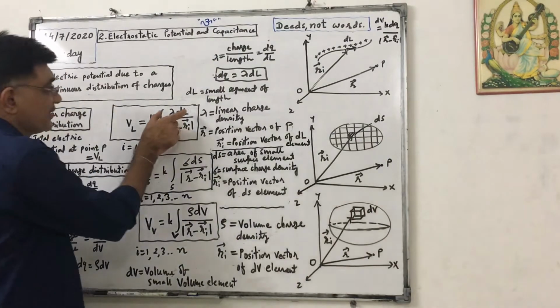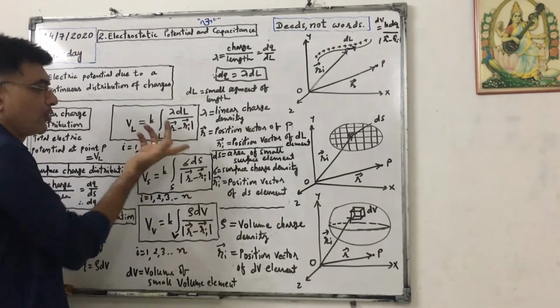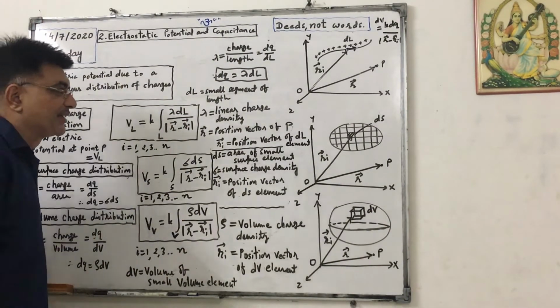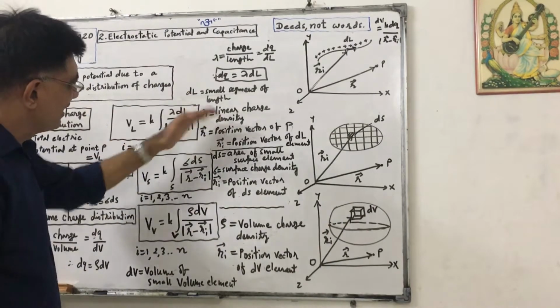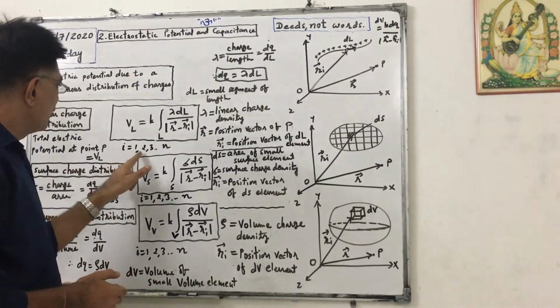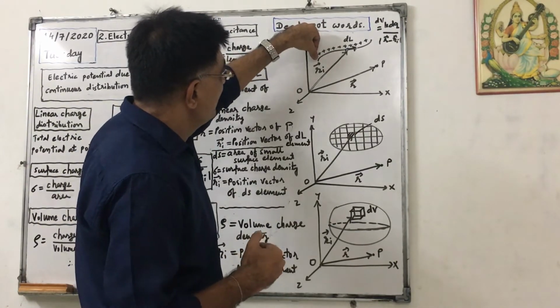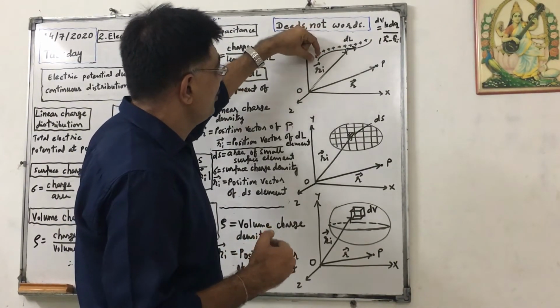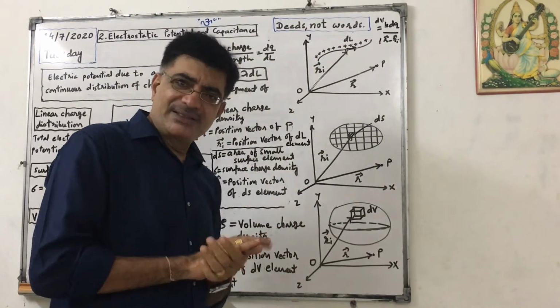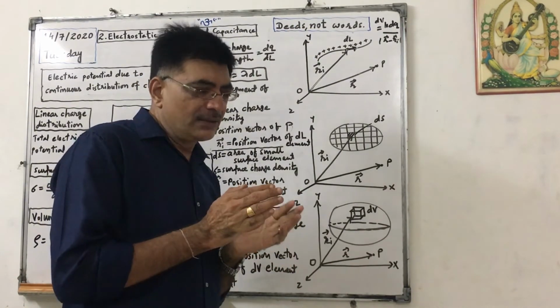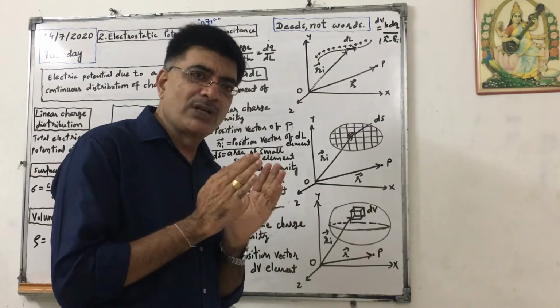So I replace dq here as lambda dl upon mod of r minus Ri. This is called line integration. All other data I have explained. I goes from 1, 2, 3 up to n, which means we have to give numbers to each and every element of length, and the length element should be as small as possible.